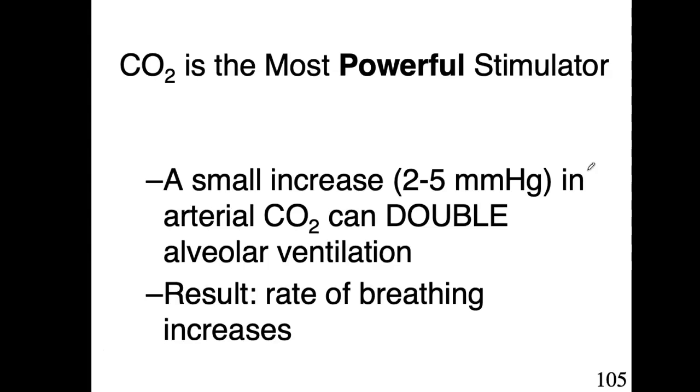A small increase of 2 to 5 millimeters of mercury in arterial carbon dioxide can double your alveolar ventilation. So a slight change in that pressure is going to make you breathe deeper and more frequently.